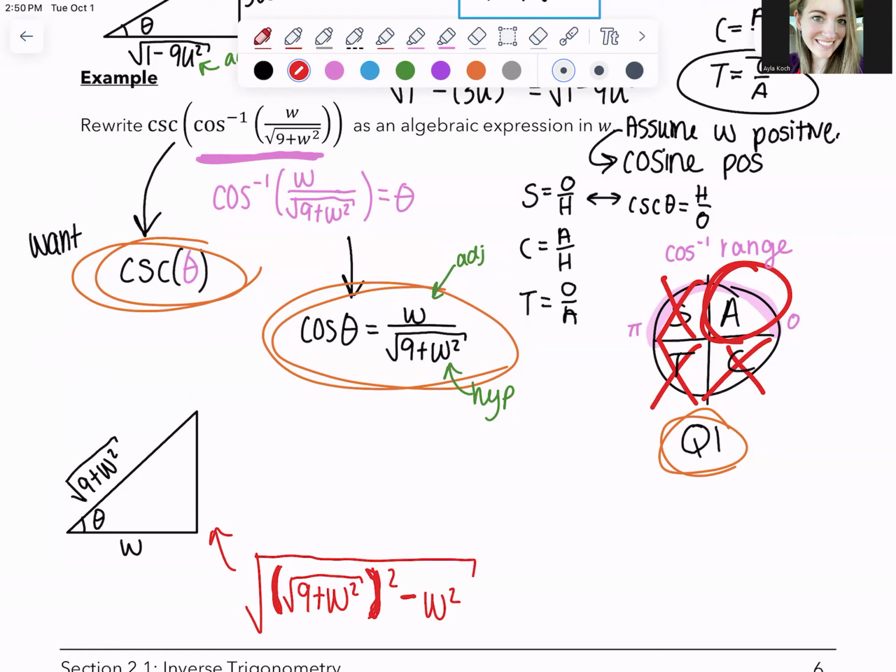It's messy, but it's okay. What happens is this square and this square root are inverses of one another, so they cancel each other out. And this is equal to the square root of all you're left with, which is 9 plus w squared, and then the minus w squared from right here. Those w squareds cancel. It's the square root of 9, which is just 3.